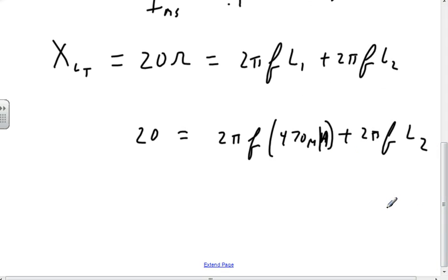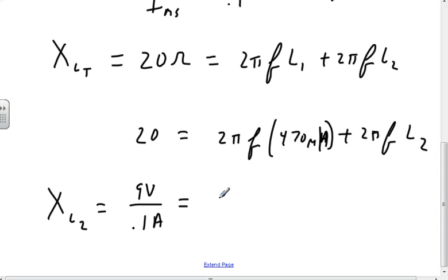Okay. I know that. What else do I know? I know X sub L2. X of L2 is going to be 9 volts divided by 0.1 amp.